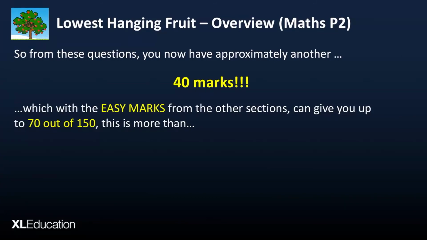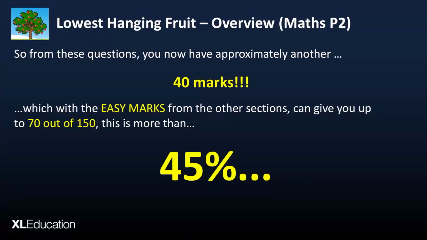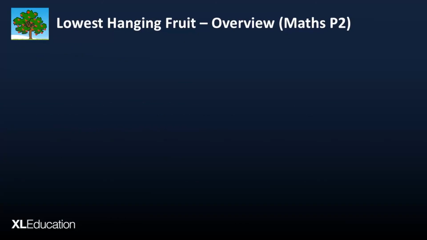Remember our part 1 also, we accessed a lot of easy marks. Then if you get 70 out of 150, that is about 45%, which is a pass. That's a level 3 pass.